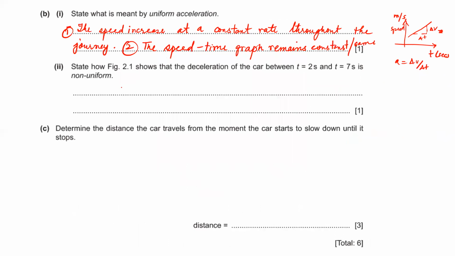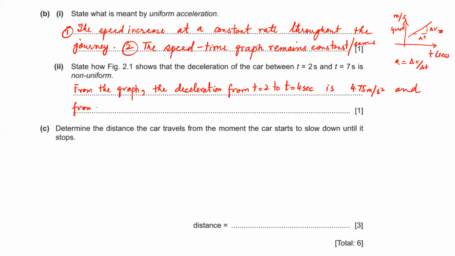So here we can simply write that from the graph, the deceleration from t equals 2 to t equals 4 seconds is 4.75 meters per second square, and from t equals 4 to t equals 7 seconds, it is 2.667 meters per second square.